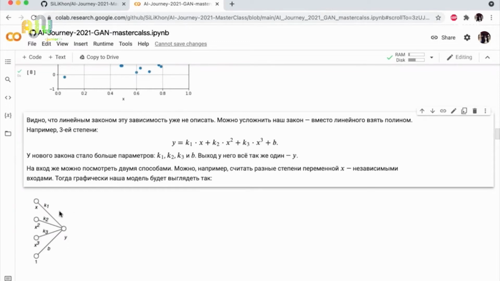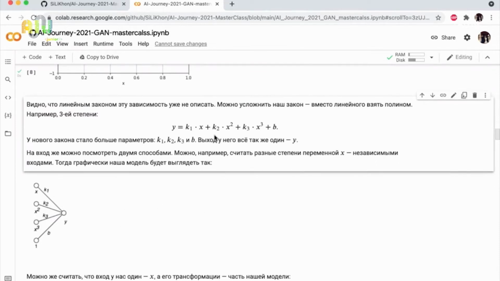We can have a lot of inputs here. You can see x, x1, x2, x3, and 1. Then we combine them linearly. We multiply them by a ratio, and then we put them together, and we receive a y value. I hope you agree with what is visualized here. It's in line with this equation. I hope you get it.